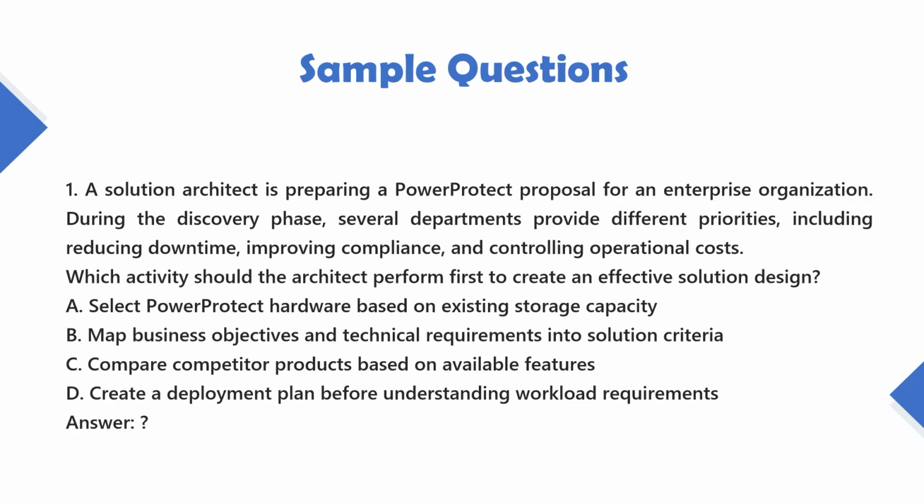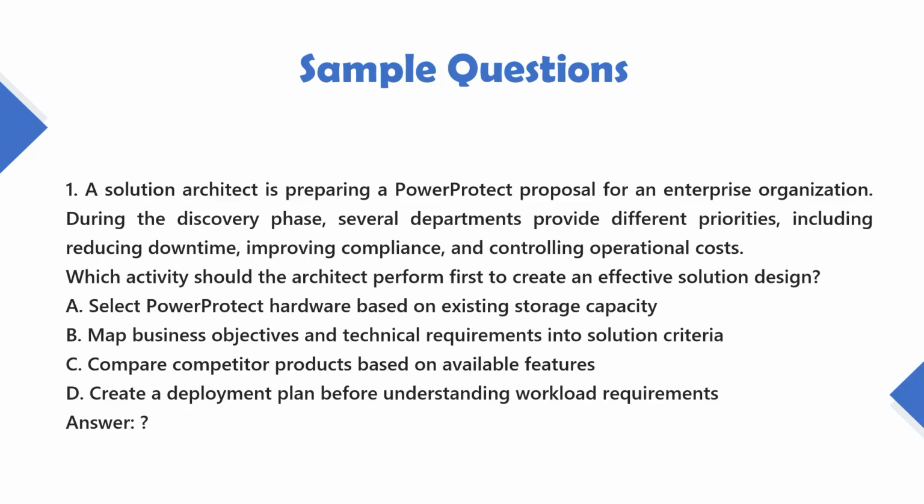1. A solution architect is preparing a PowerProtect proposal for an enterprise organization. During the discovery phase, several departments provide different priorities, including reducing downtime, improving compliance, and controlling operational costs. Which activity should the architect perform first to create an effective solution design?